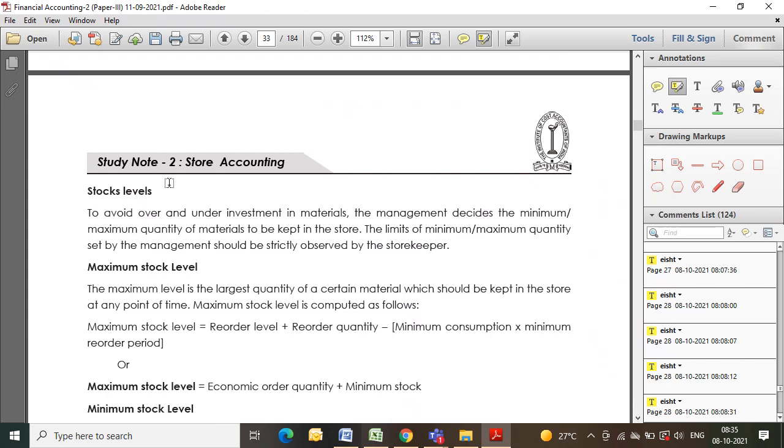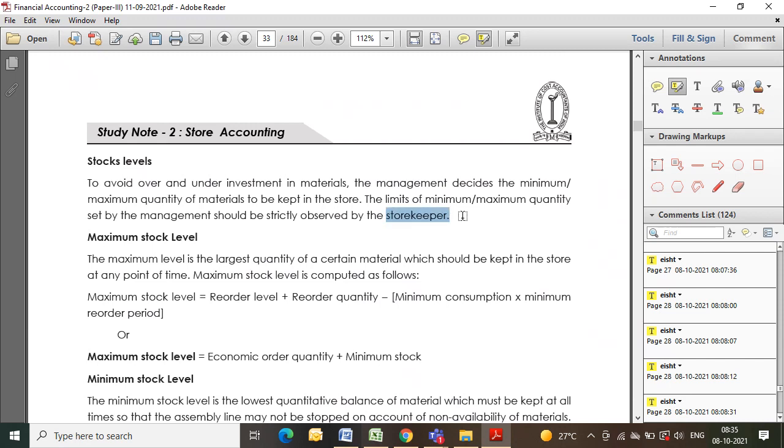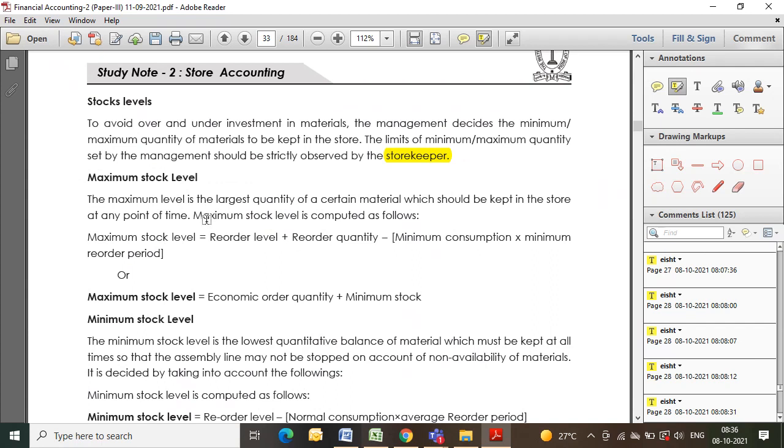On each concept, the storekeeper has to ensure that the stock levels are managed appropriately. So what are the appropriate levels? First is the maximum stock level. There are 3, 4 questions that will come in the exam on these areas. So please remember these formulas by heart. You have to have knowledge of all these formulas.